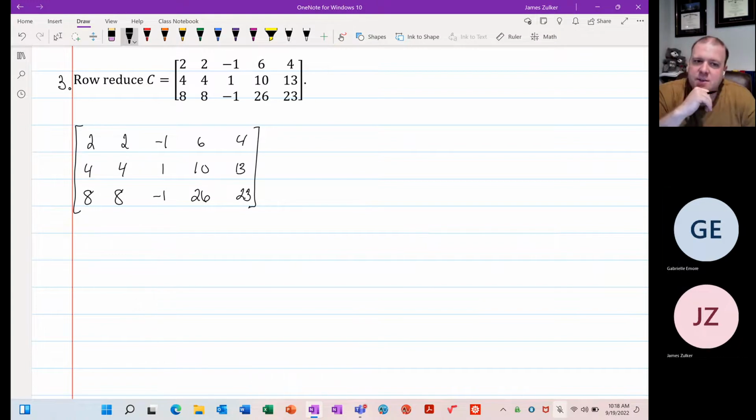Row reducing starts off the same way. Let's first make that pivot a 1 by multiplying row 1 by 1/2.